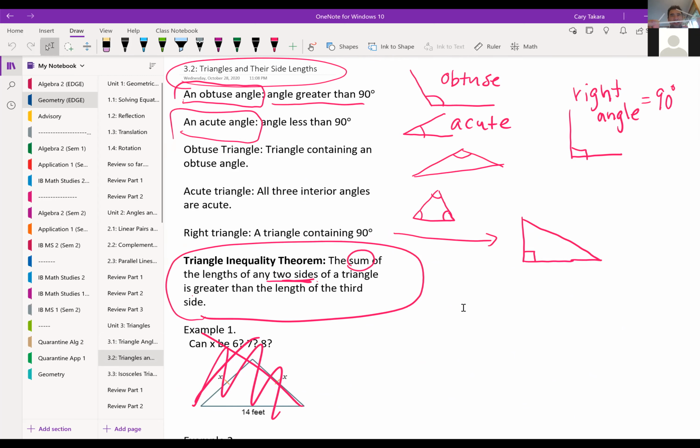The answer is no. Like this one, I'm not able to create a triangle, right? And so we did talk about that. What's the requirement for a triangle to be a triangle? What condition needs to be met, and that's what the inequality theorem is.